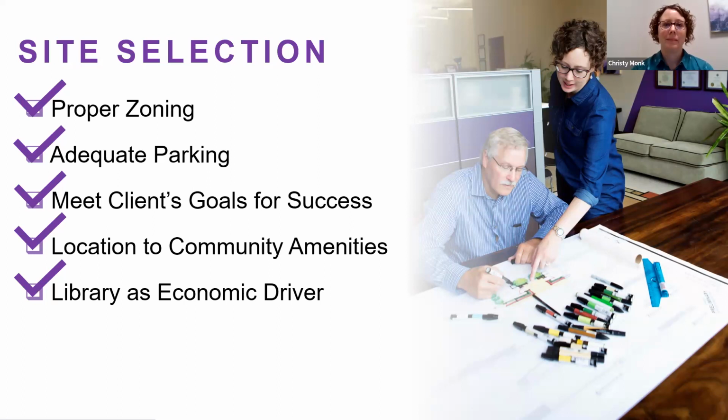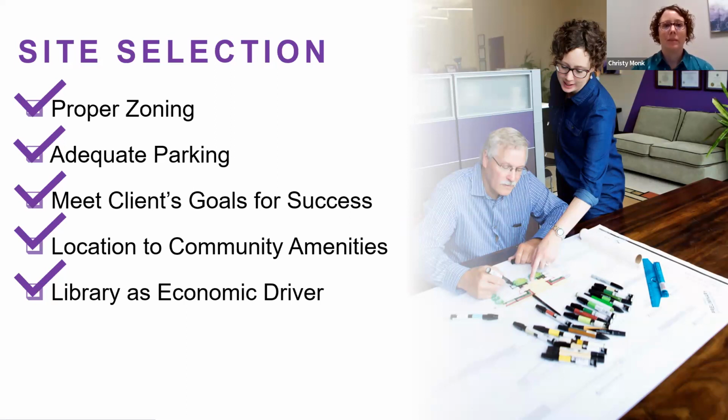Again, a specific site may lend itself more to that than another. And finally, we list the library as an economic driver. We found that that's often a very desirable component when we look for sites for libraries, and it's really specific to using it as a catalyst for maybe doing something else that the community has in mind.